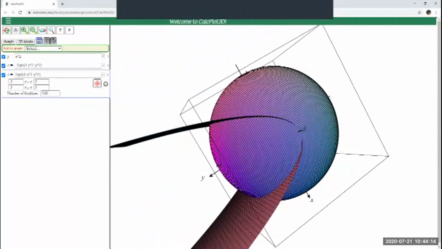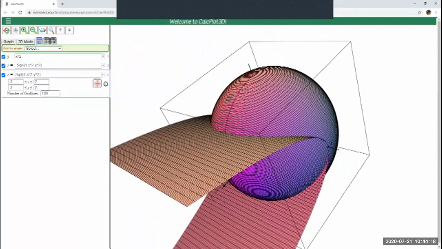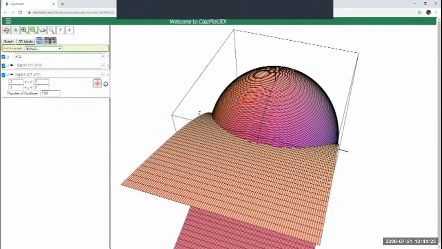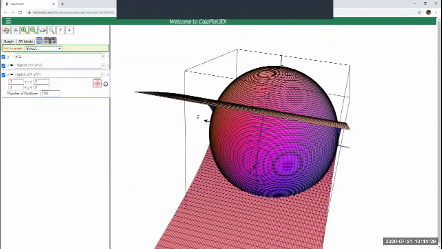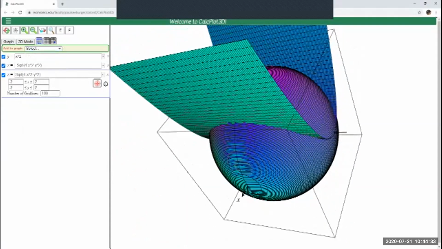It doesn't look disconnected. It seems it's only one piece, right? It goes along here and goes along there. See? So it seems to me that this is connected and we can see the curve here.